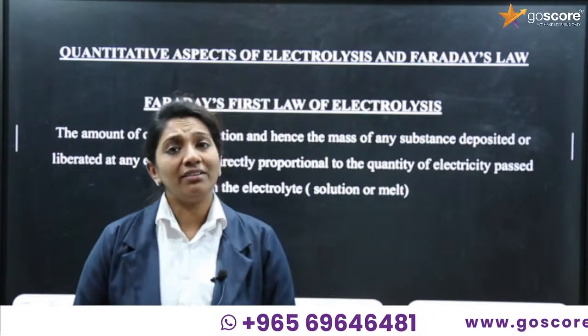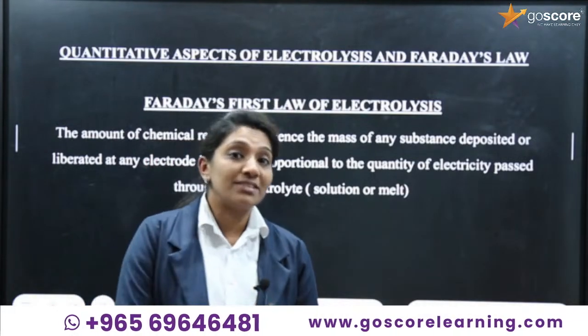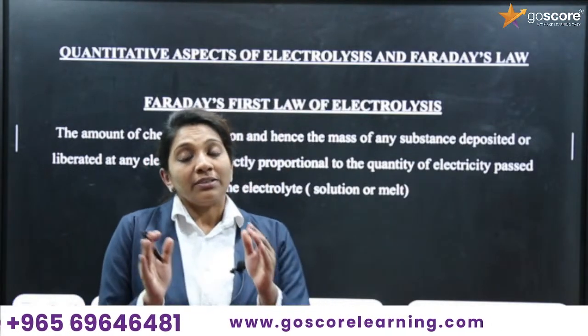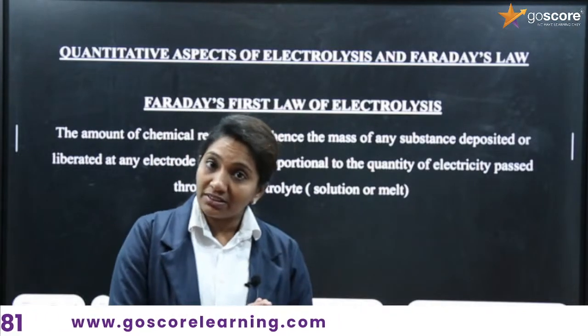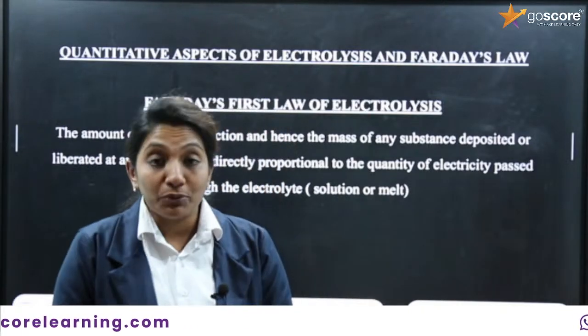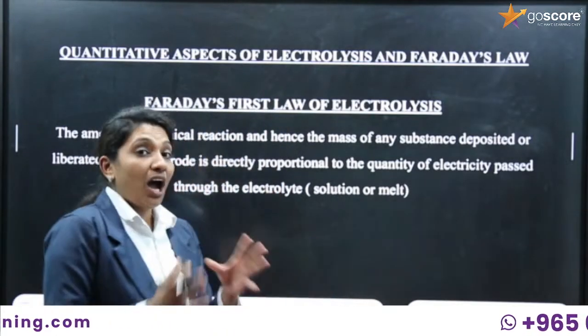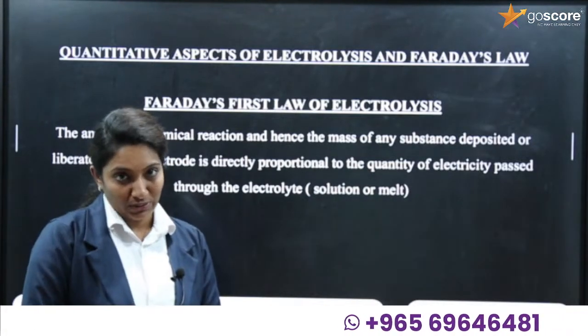That is what we call an electrolyte, right? So, according to Faraday's first law, the amount of substance deposited or liberated at the electrode will be directly proportional to how much electricity we have passed through the electrolyte solution.